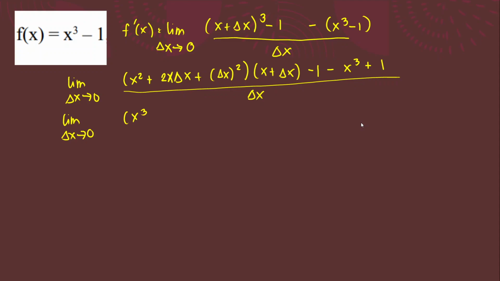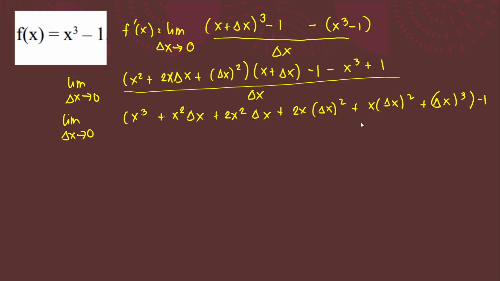Multiply natin x cubed plus x squared delta x plus 2x squared delta x plus 2x delta x squared plus x delta x squared plus delta x cubed minus 1 minus x cubed plus 1, all over delta x.